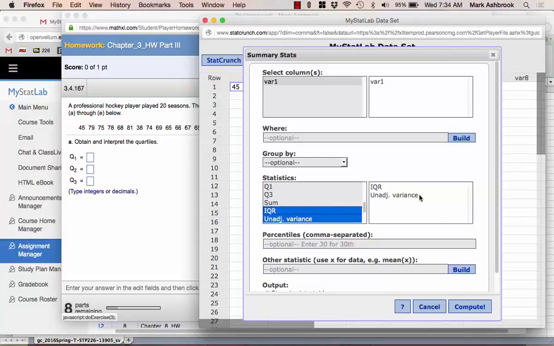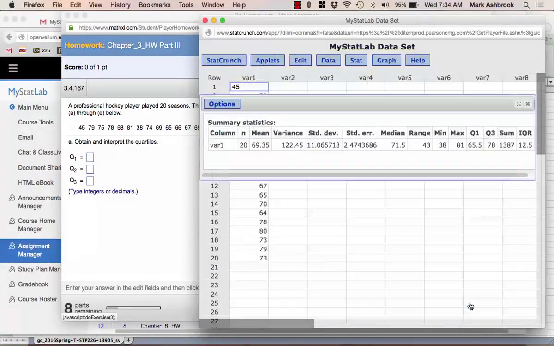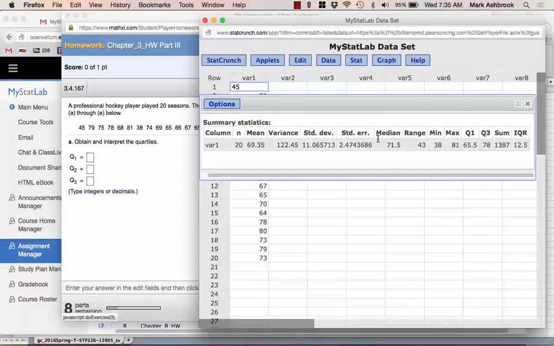Yeah, it's there. Oops, I just deleted them all. So I'll just go ahead and do all of these, all the way up to IQR. All right, and then we'll compute. Gotta love StatCrunch. It's telling us everything we asked for.